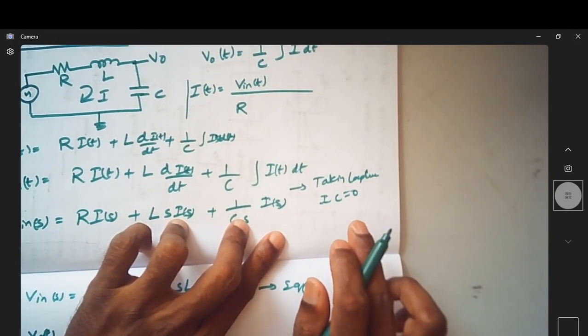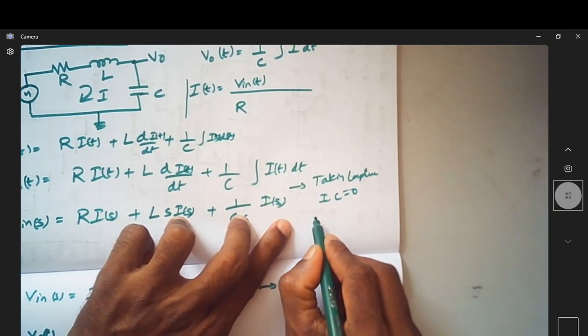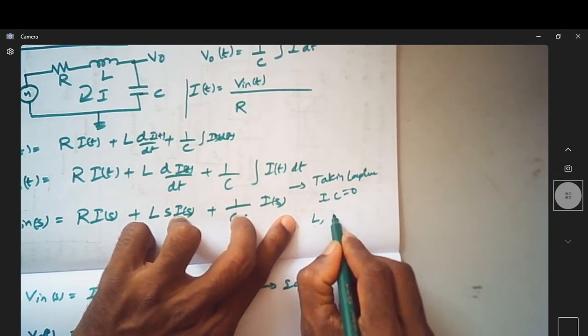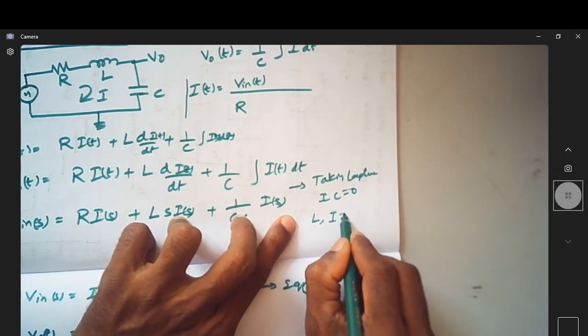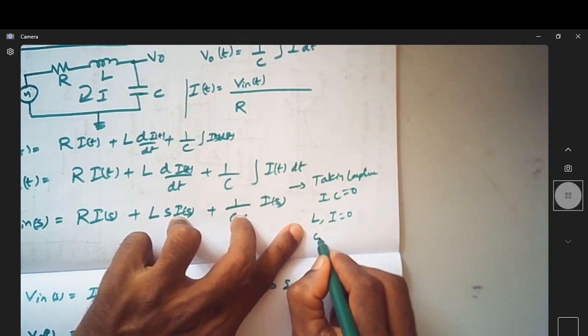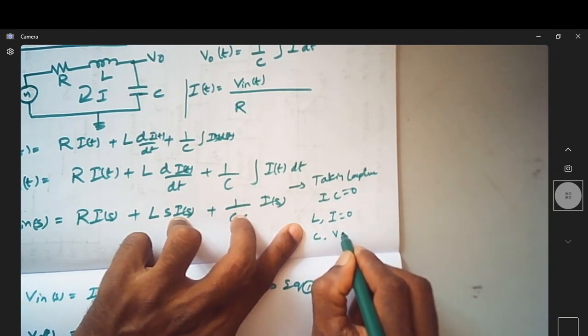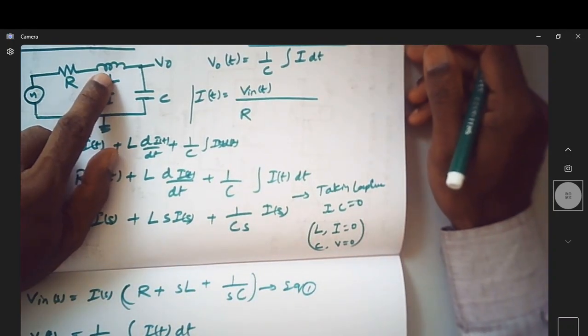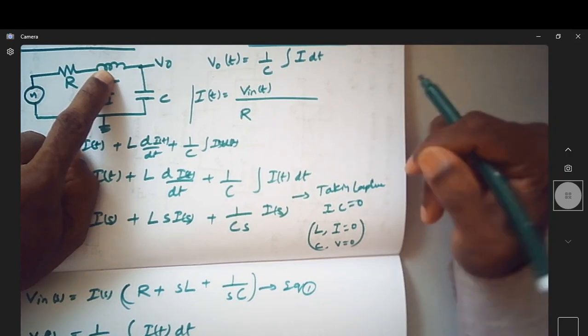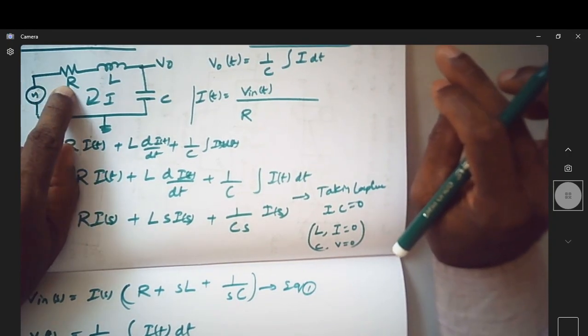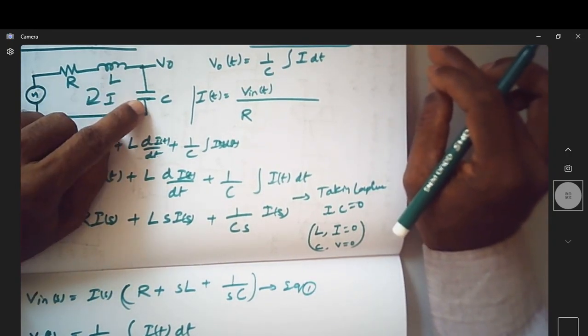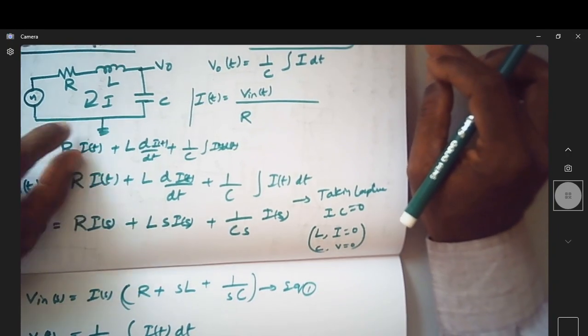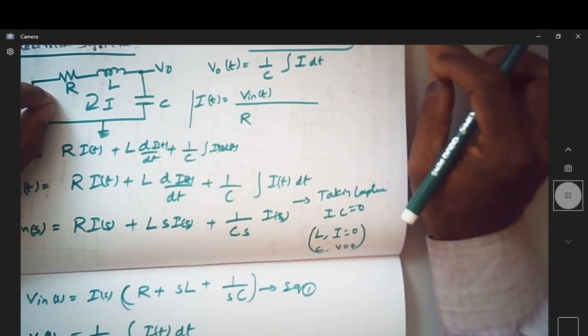When I say all initial conditions as 0 means, for an inductor we will consider initial current as equal to 0. For capacitor, initial voltage is 0. That means there is no current flowing through this before we actually pass this current, and there is no voltage across this capacitor when we apply this to the circuit.